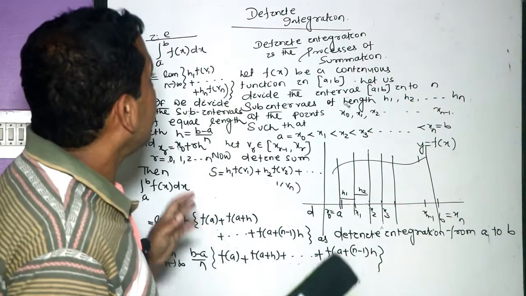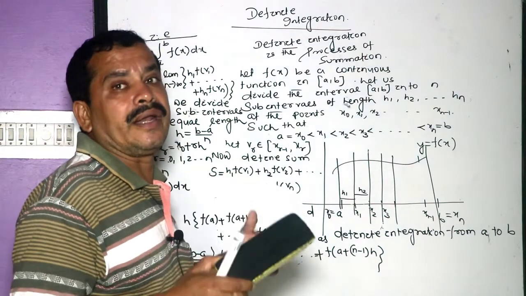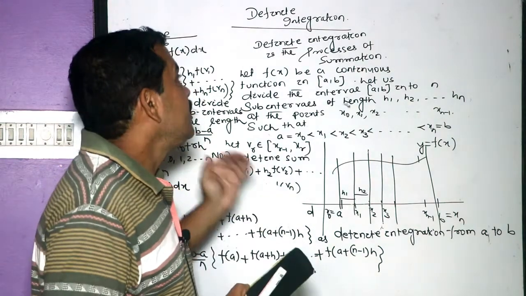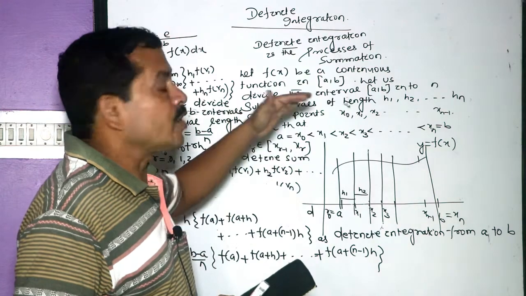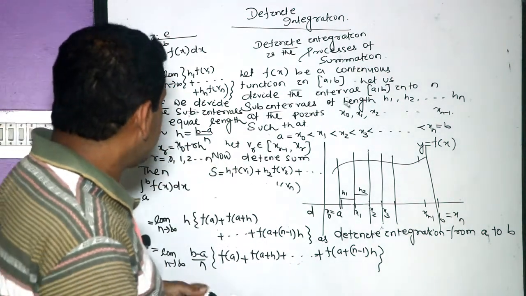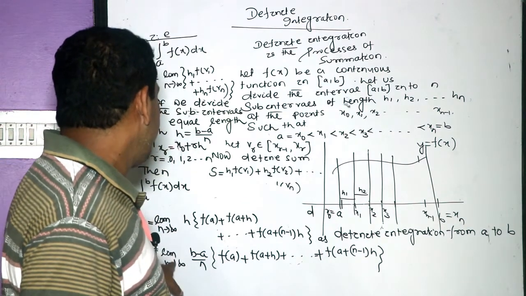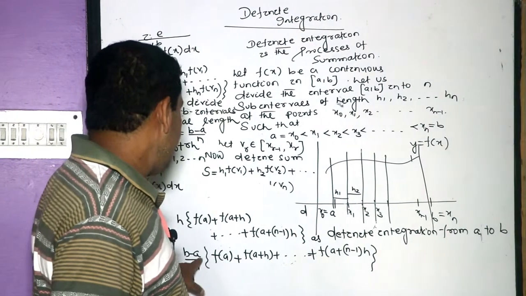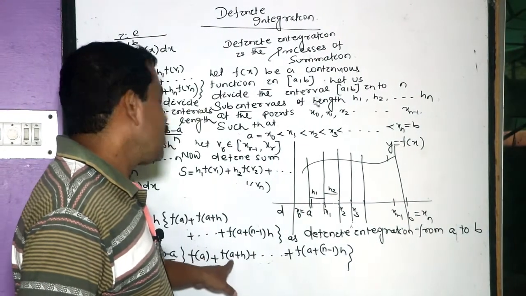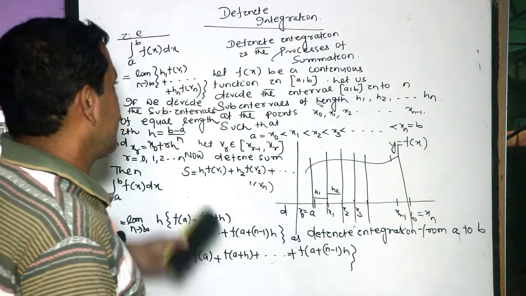That is known as the meaning of the definite integration. In other words, definite integration is the process of summation, and we can evaluate it by using this formula: integral from a to b of f(x) dx equals limit n tends to infinity (b minus a) by n into [f of a plus f of a plus h plus dot dot f of a plus (n minus 1) h].